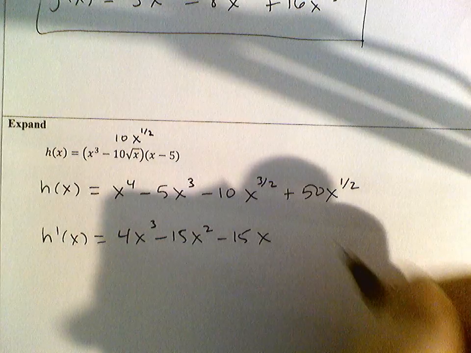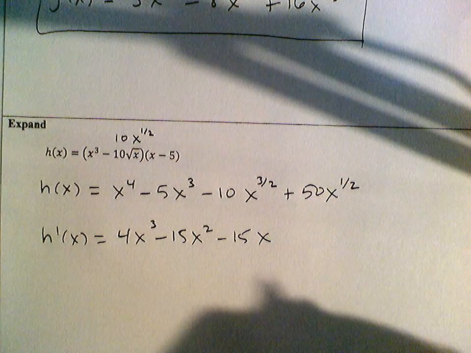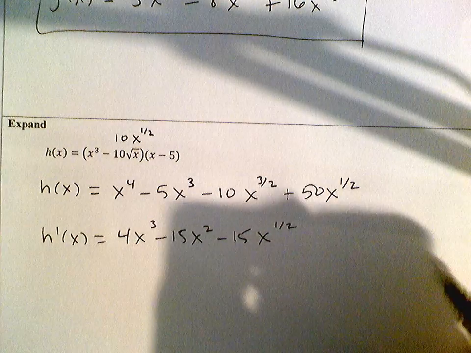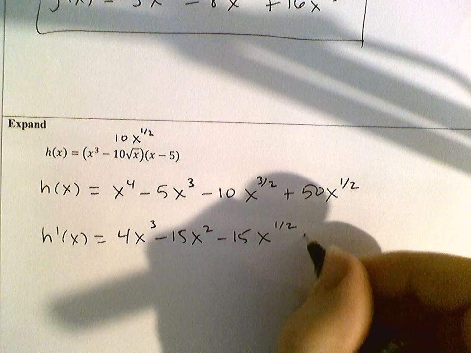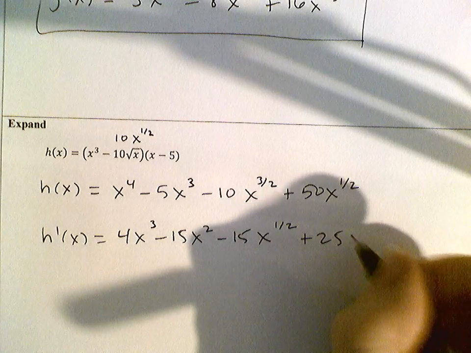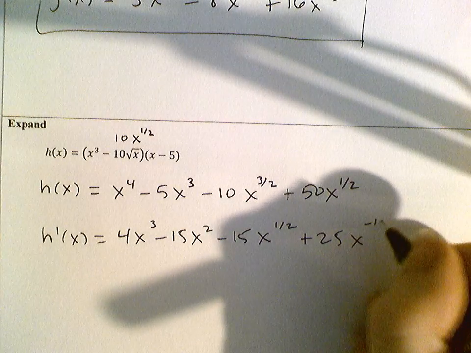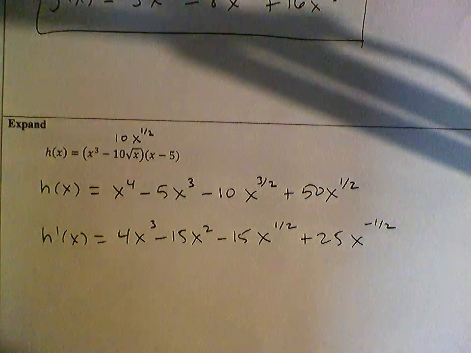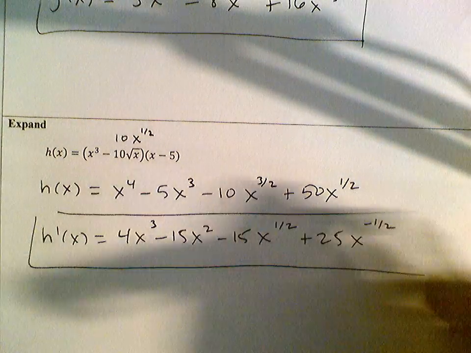X to the 3/2 minus 2/2, which is 1, is 1/2. Plus 25x to the negative 1/2. Okay, there it is, guys.